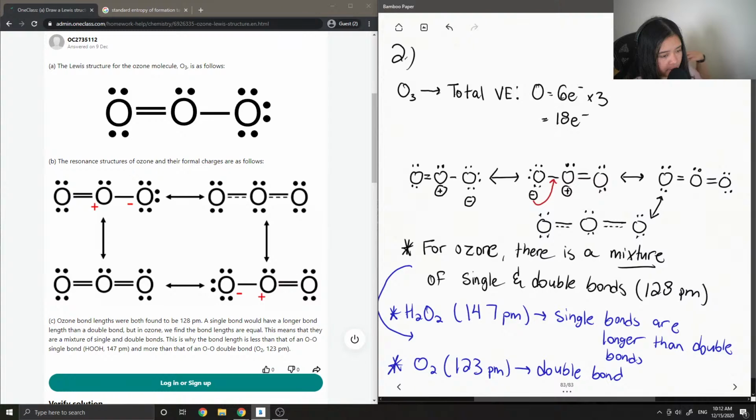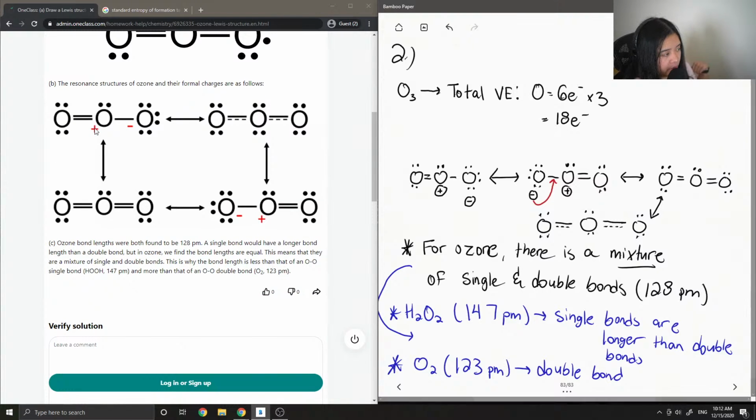Yep, so that's basically the same thing I have. And you can show that the double bond can be on the left oxygen or it can be on the right. Or you could have all three of the oxygens having a double bond.